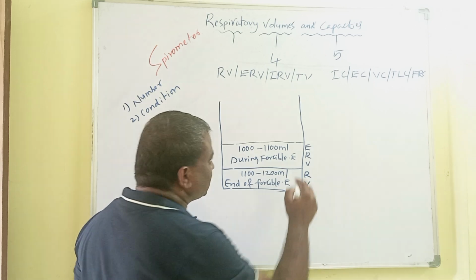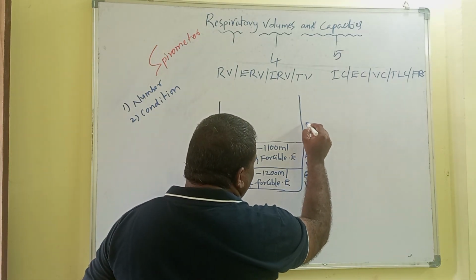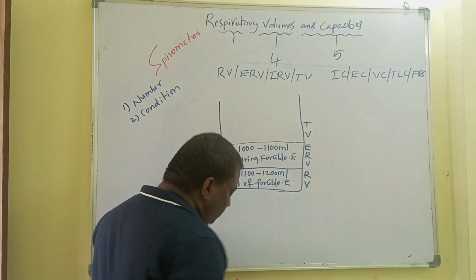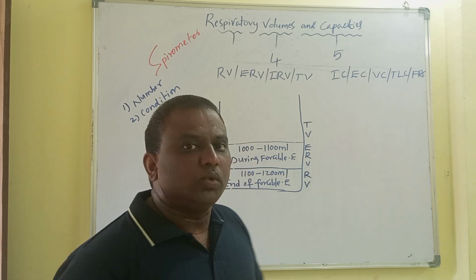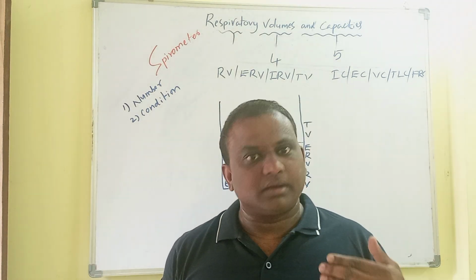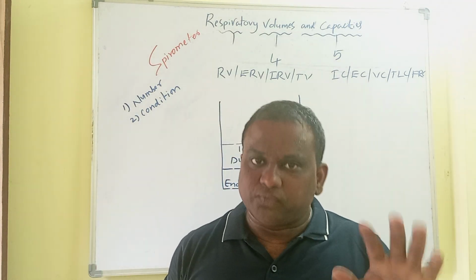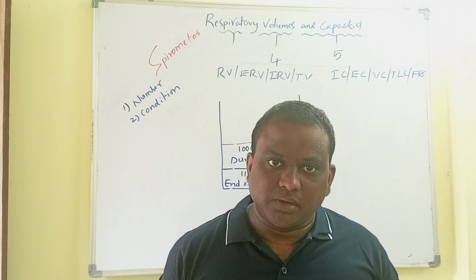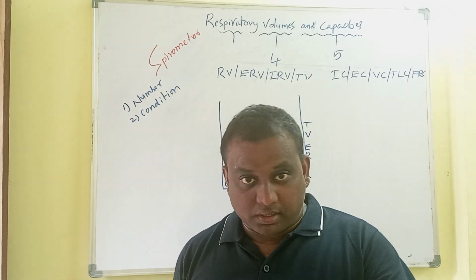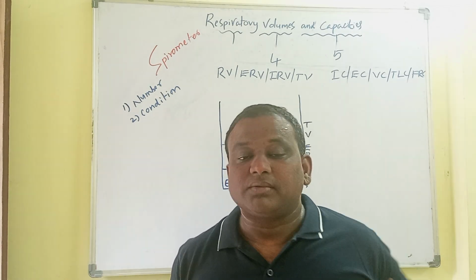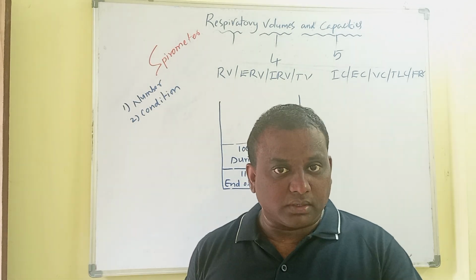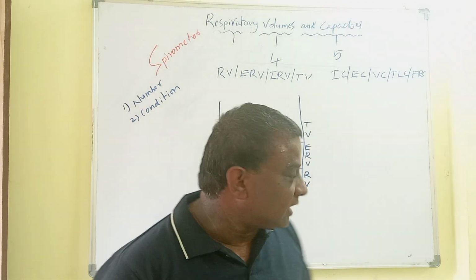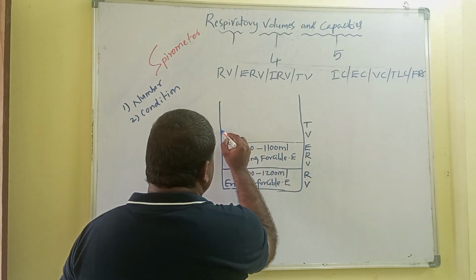The next volume is tidal volume. What is tidal volume? During normal inspiration or normal expiration, 500 ml of air goes out or comes into the lungs during normal respiration. So that is the tidal volume. What is the number here?